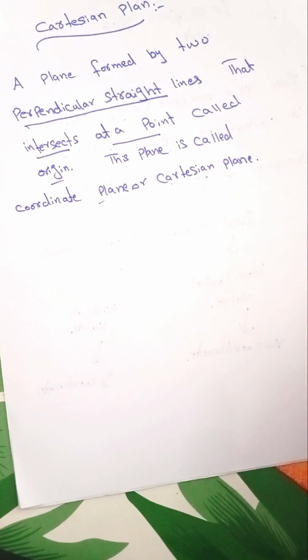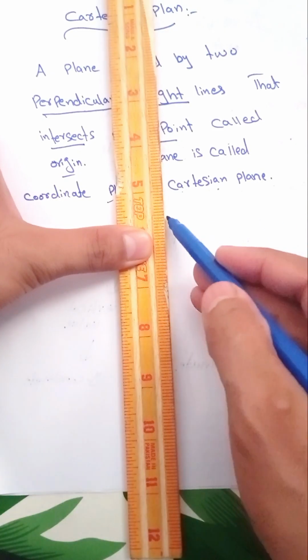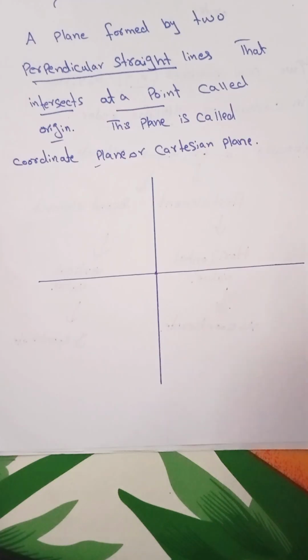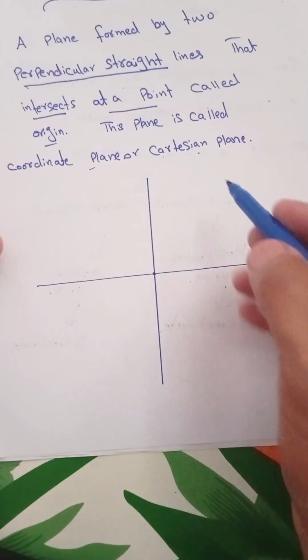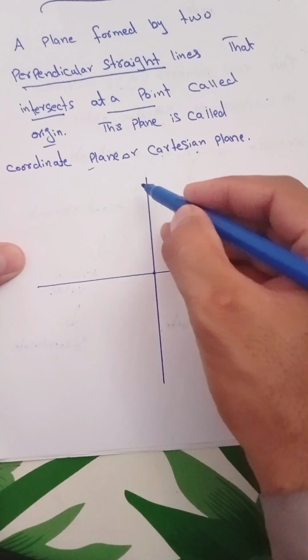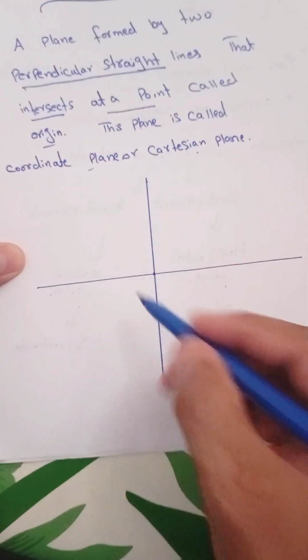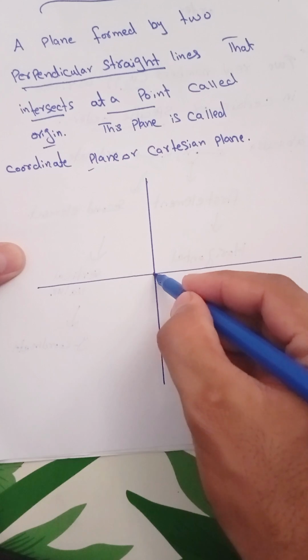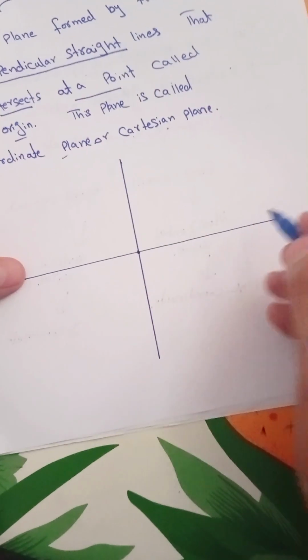Now let's consider the Cartesian plane. You can see that we used these two perpendicular lines, this and this, that intersect at a point to form this plane.